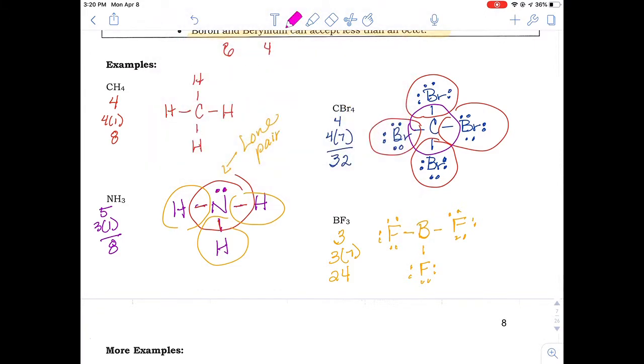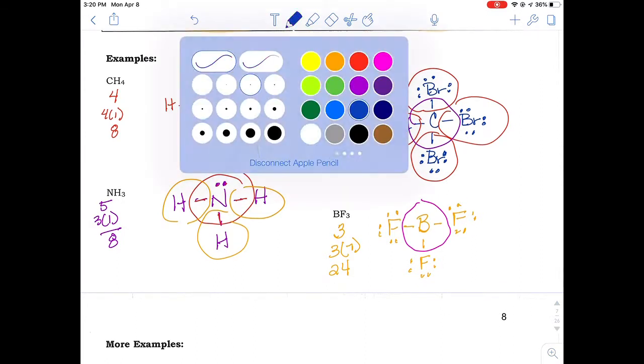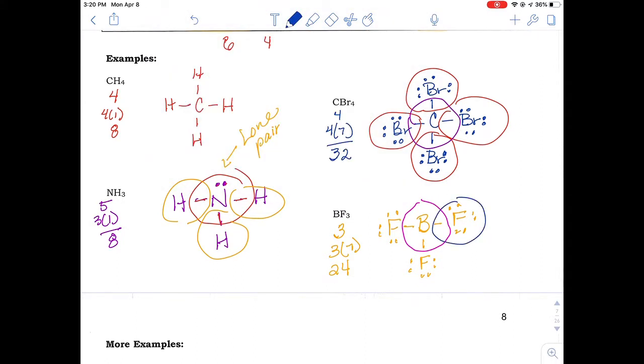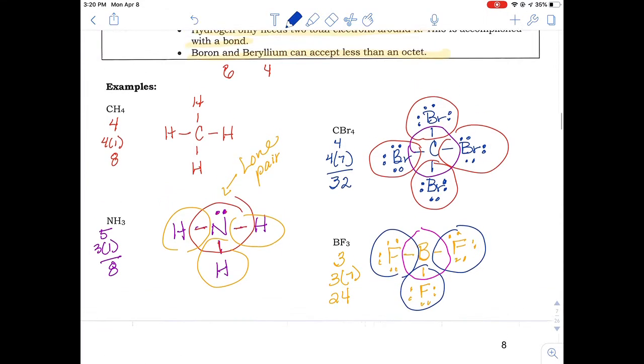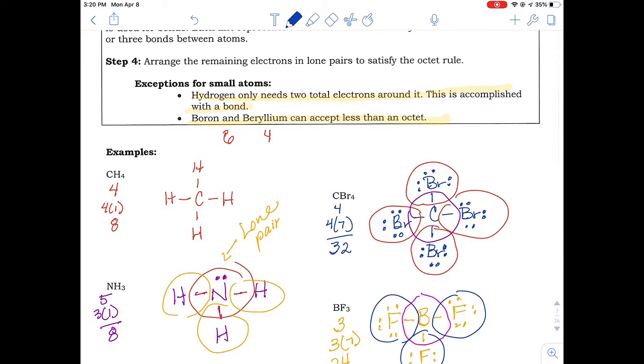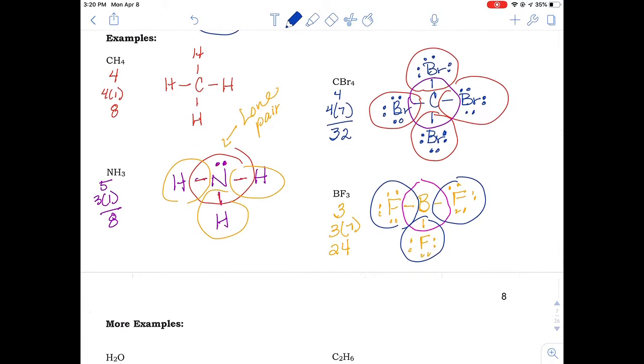Normally at this point, I would tell you that we would need to make a double bond, and you'll see us do double bonds in a little while. But boron is one of the exceptions. Boron can be happy with 6 outer shell electrons. So boron is breaking the rules.